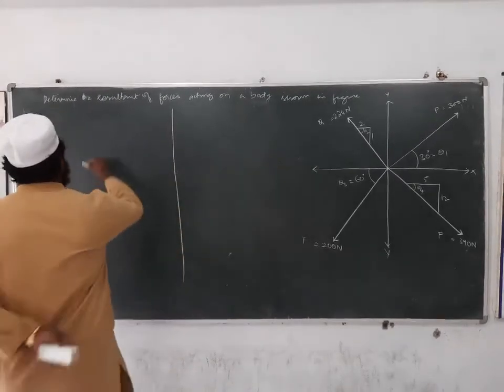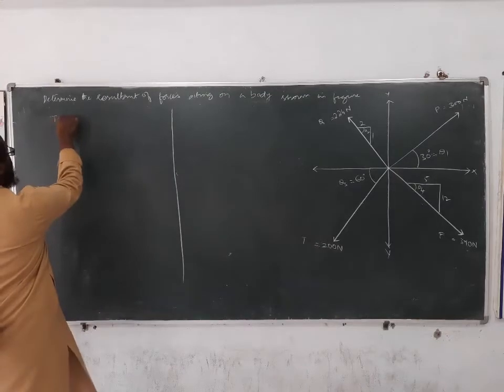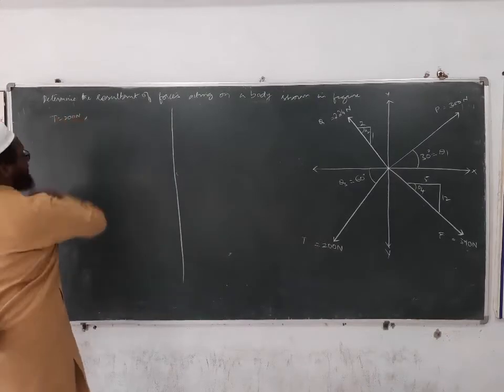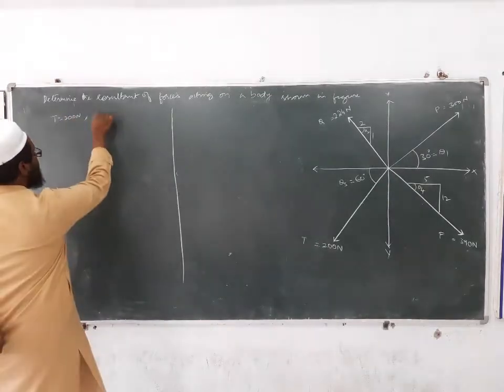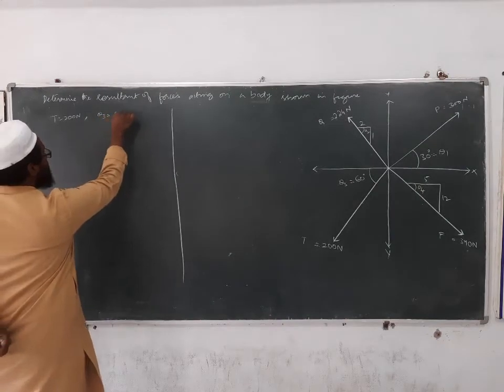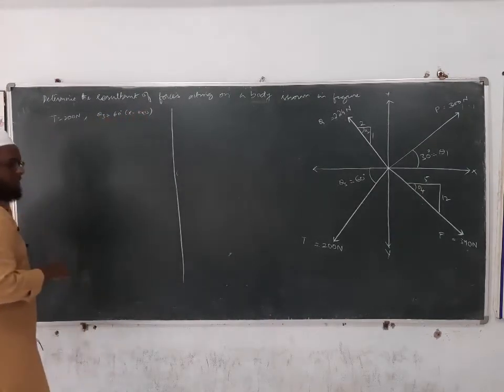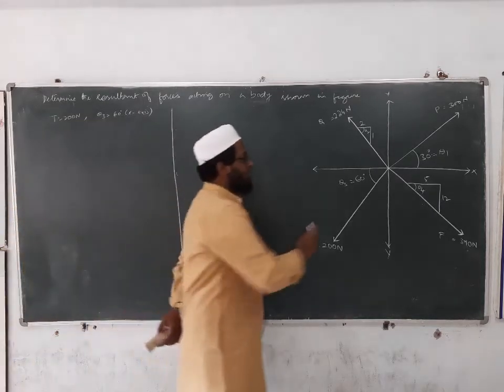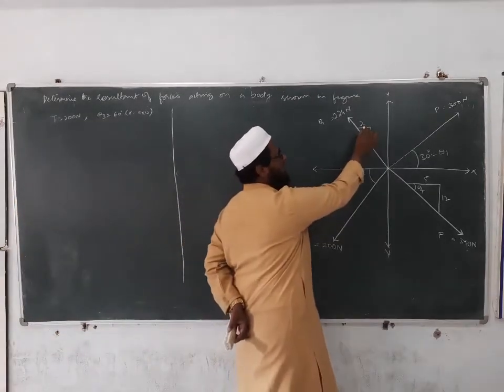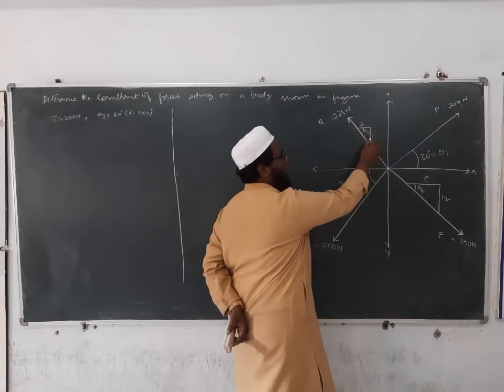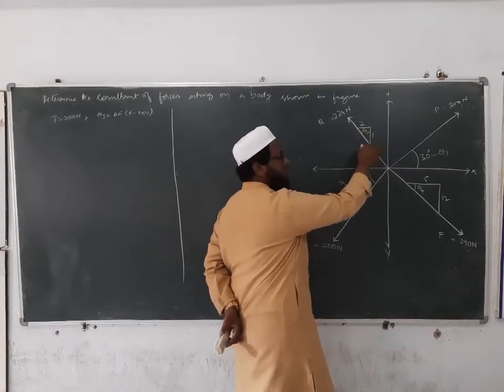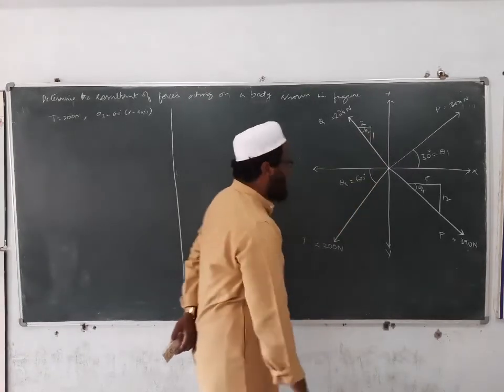The third force is T equal to 200 newtons and theta 3 is equal to 60 degrees, with which axis? X axis. In the previous case also, theta is with the x axis. Here it is with horizontal. If I had taken from here, then theta would be with the y axis.